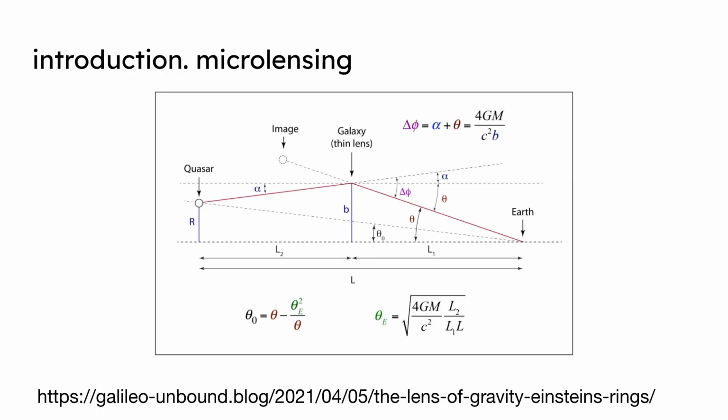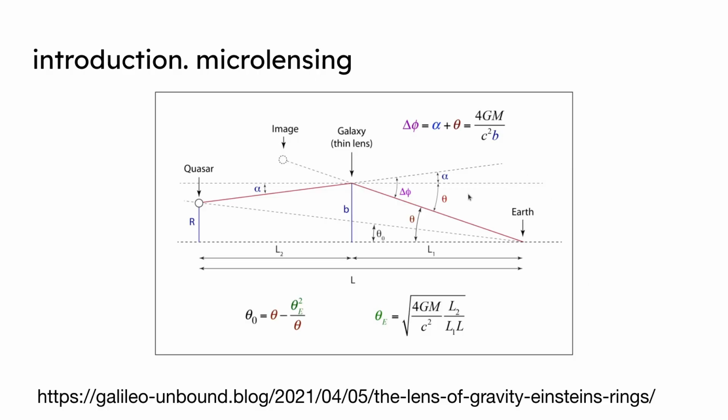of microlensing first. So microlensing is a relativistic effect of some massive object changing the path of the light from some background source.